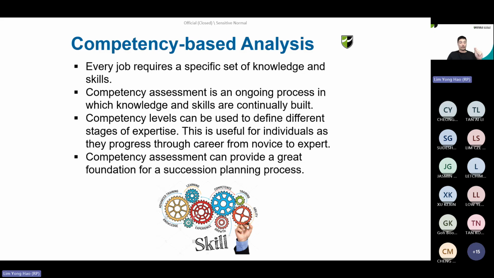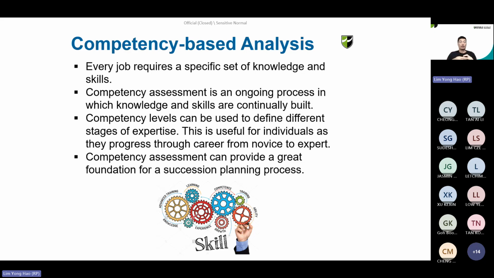So when we talk about competency, we're looking at, generally, what are the different things that together encompass this job. We can call them a competency framework, and we'll look at them later on. Within a competency framework, you are also able to designate whether you are novice, proficient, competent, or expert level.